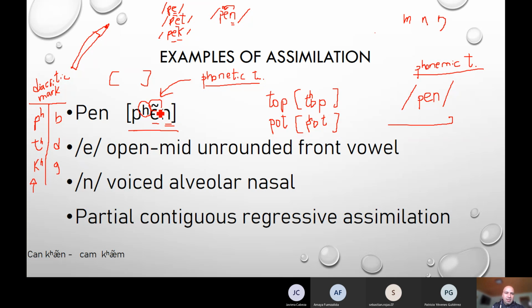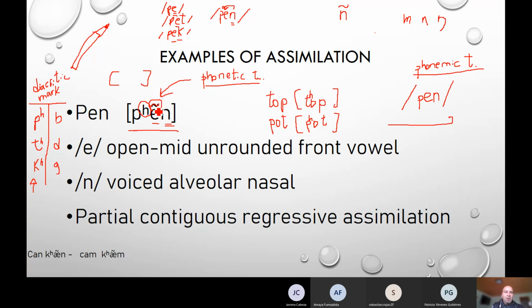How can we show nasality? By this diacritic symbol that looks like the one we have in Spanish for the letter ñ. I don't remember the name, virgulilla, something like that. That's the technical name for that symbol in Spanish.